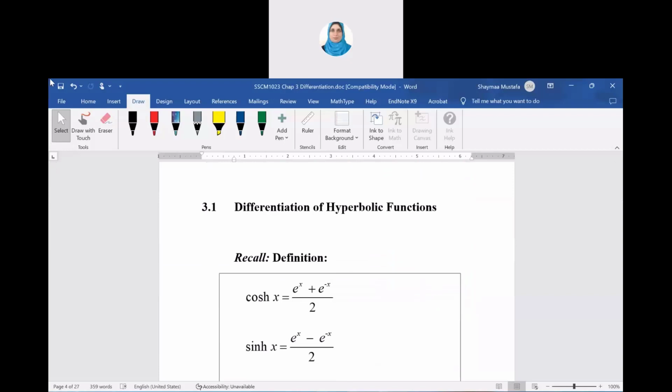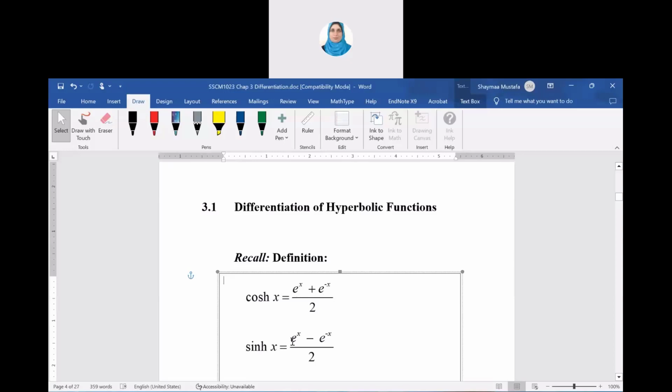Okay, now we need to start on how to find the derivative of hyperbolic functions. For cosh x, as we learned in chapter 2, it is defined using the exponential function. By definition, it is equal to e^x plus e^(-x) over 2.